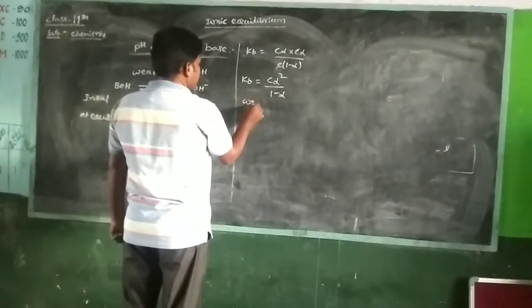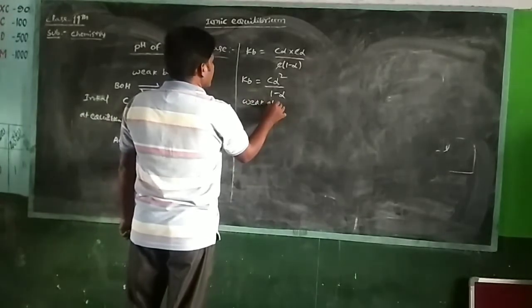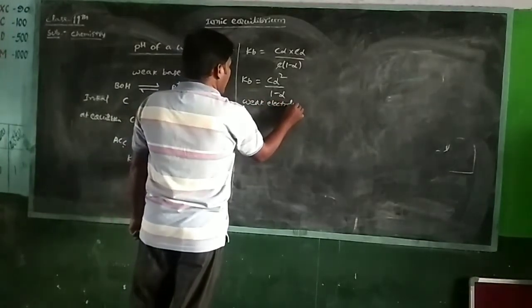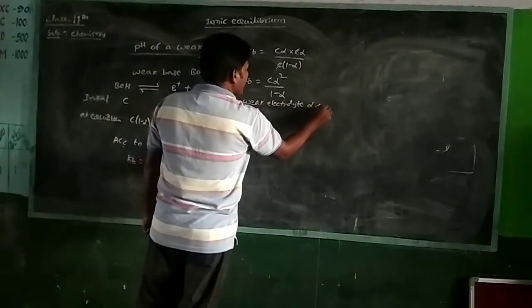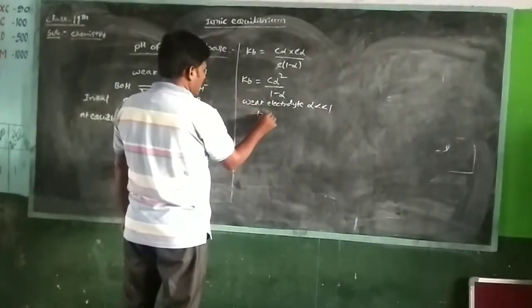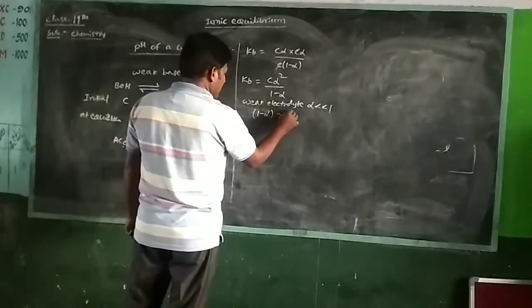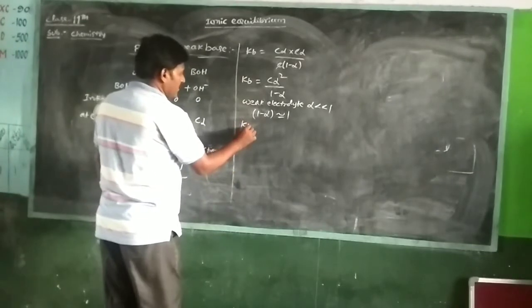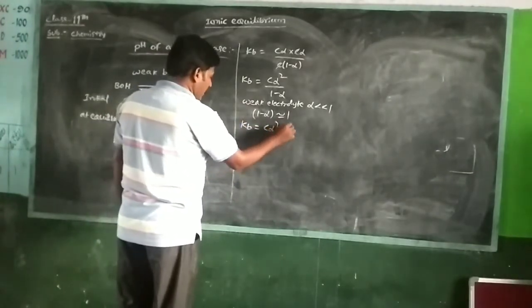For a weak electrolyte, alpha is very less than 1. That's why 1 minus alpha is equal to 1. You can write Kb is equal to C alpha square.